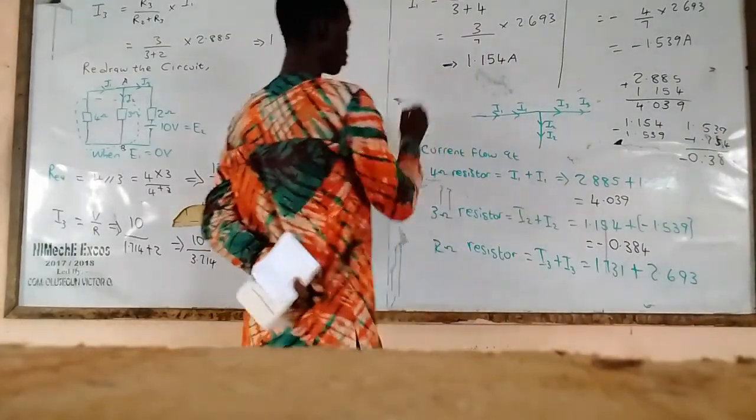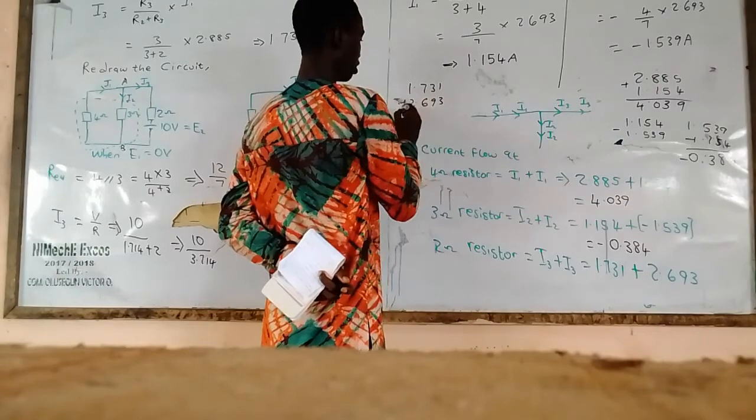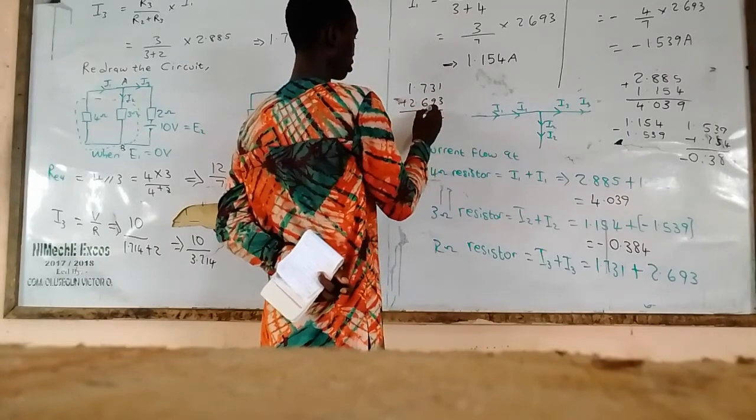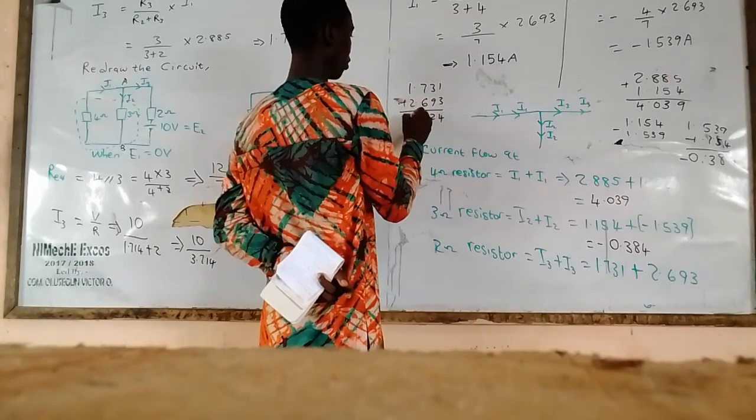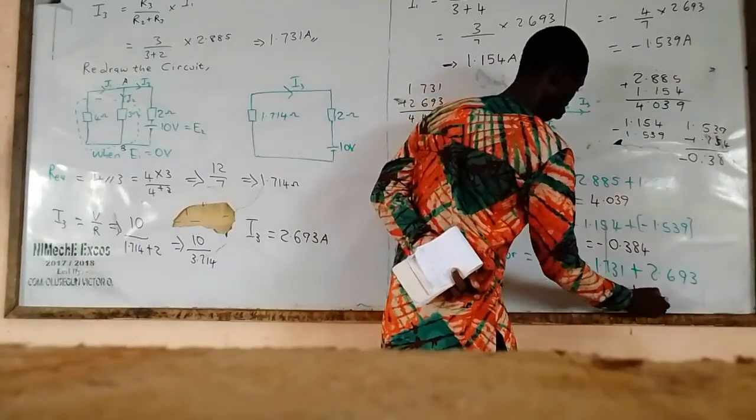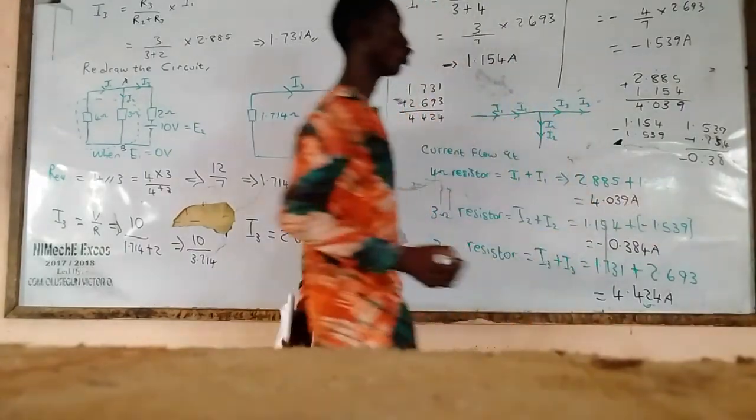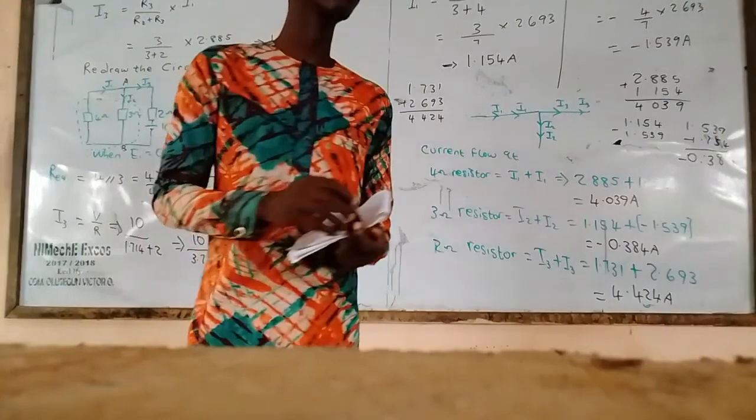And last, we have 1.731 plus 2.692, which gives 4.423. So that's our final answer for today.